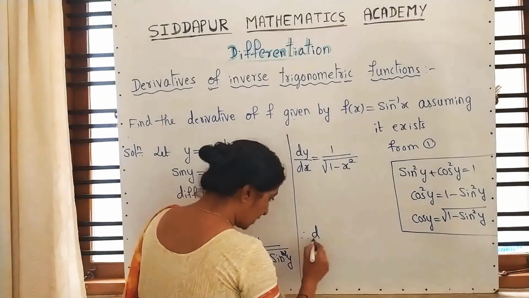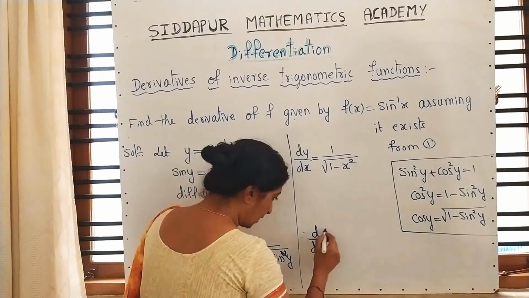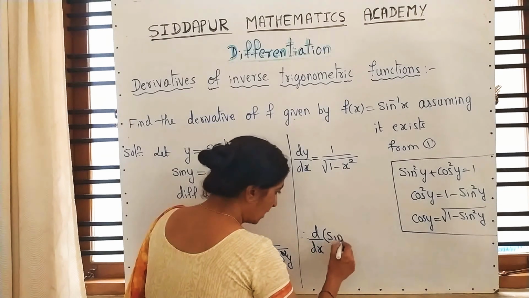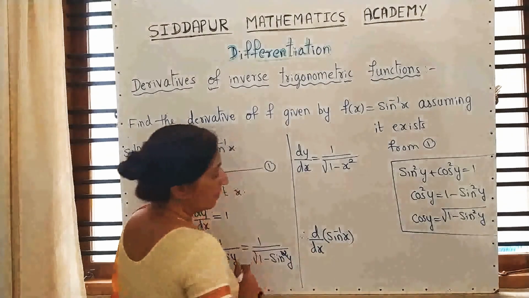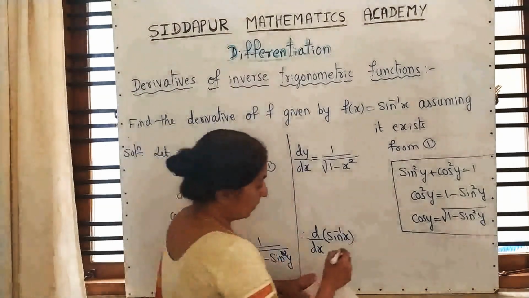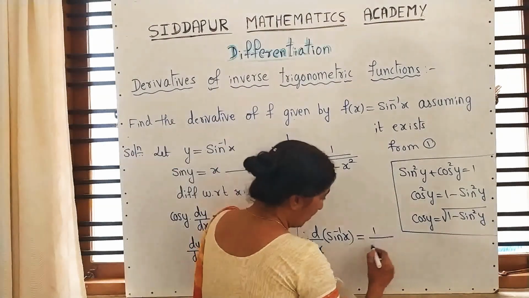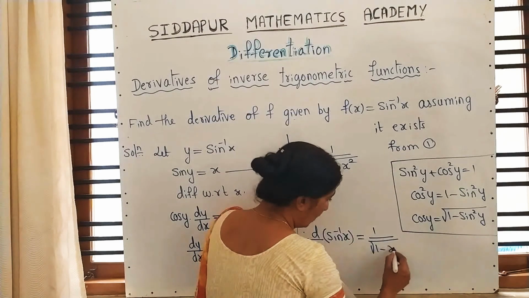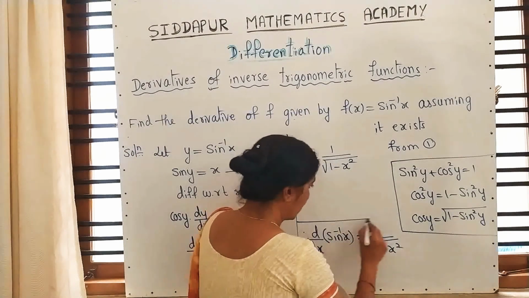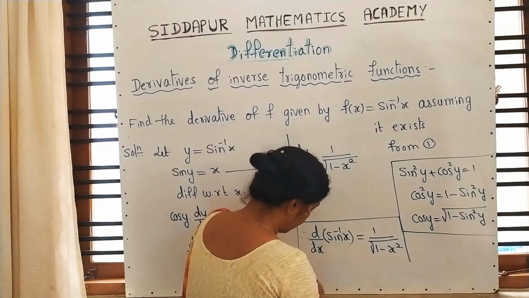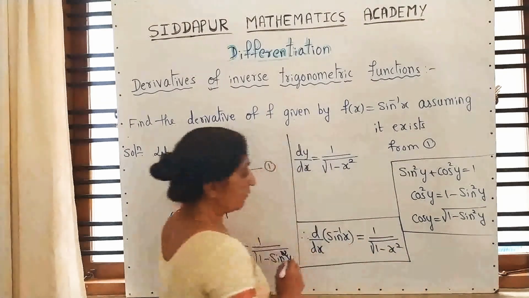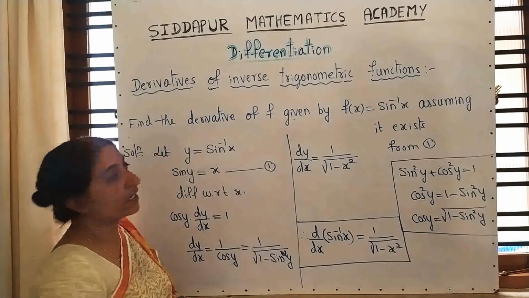Therefore, differentiation means d upon dx. Y is sine inverse x. Differentiation of sine inverse x is equal to 1 upon root of 1 minus x square. This is the formula. Add this formula to the formula list.